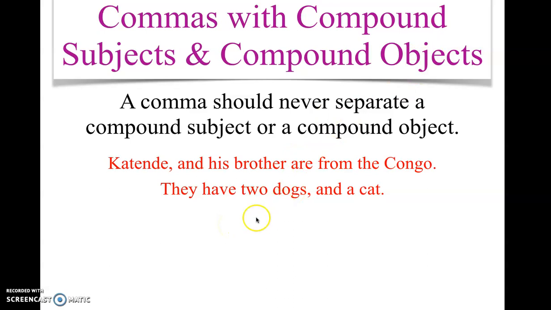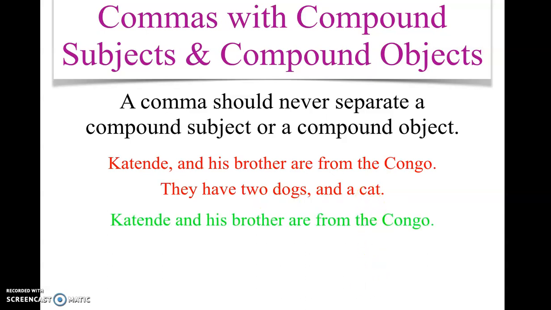Another one, for the object, they, Katende and his brother, have two dogs, comma, and a cat. We don't need the comma here to separate these two. What we can say instead, Katende and his brother are from the Congo. Good. They have two dogs and a cat. Good. We'll just keep the conjunction with no comma.